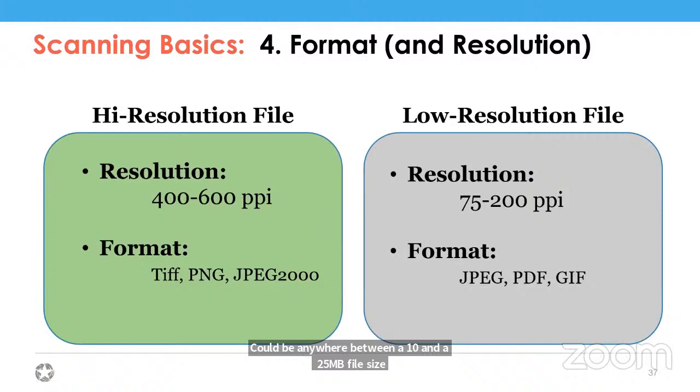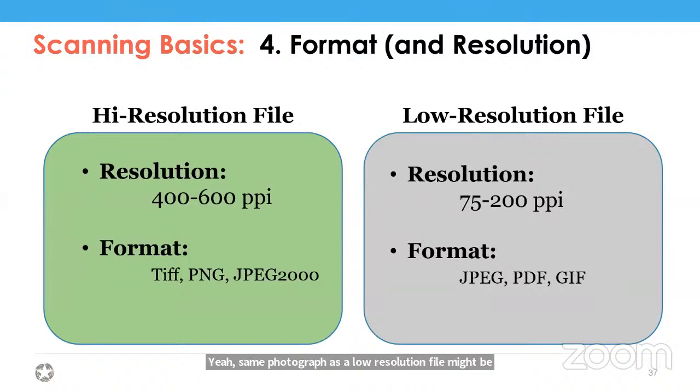But if you save that as a low resolution file, like you were going to post it on the web, send it in an email, or do small copy printing, that same photograph will be less than 10 megabytes. It might actually be less than 1 megabyte.